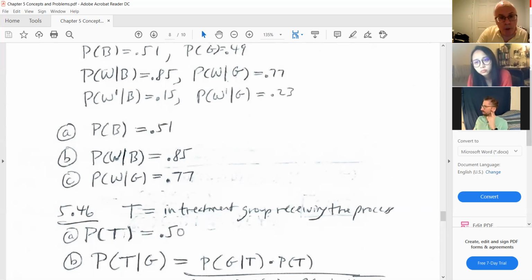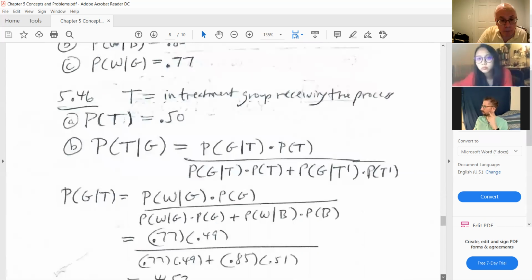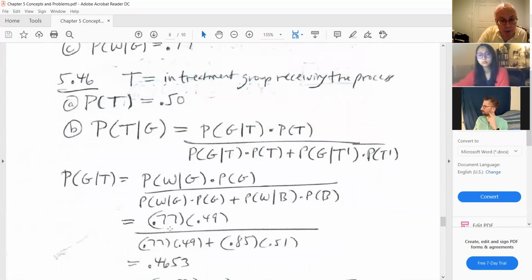I see where you're going with that, but I think that's what I ended up doing, because here's the 0.77 right here. I see exactly what you were doing, but I'm multiplying it by 0.49, which is the probability of having a girl.